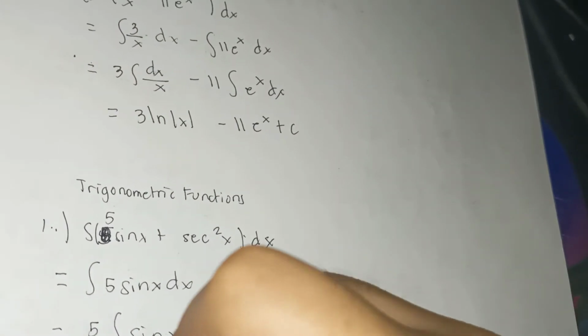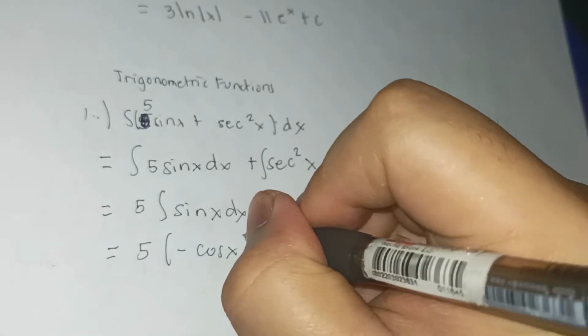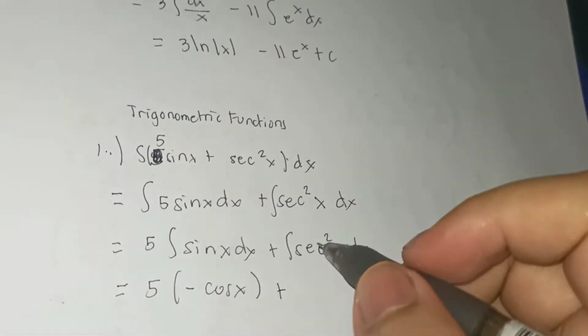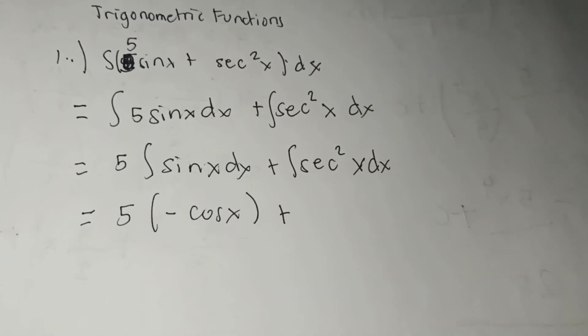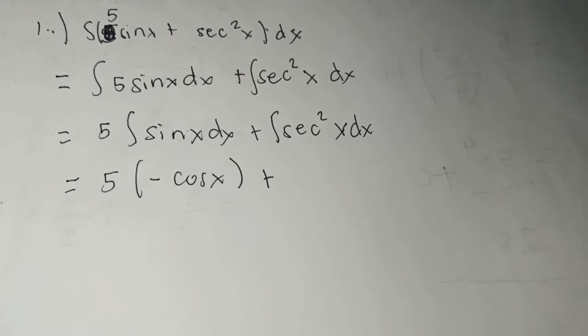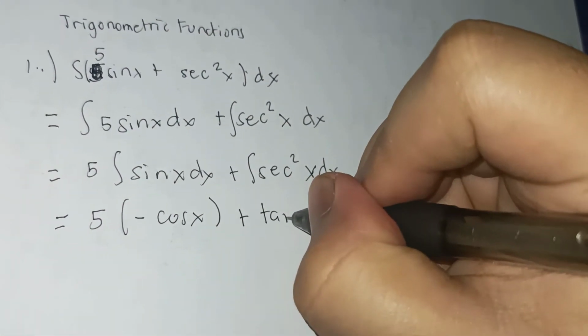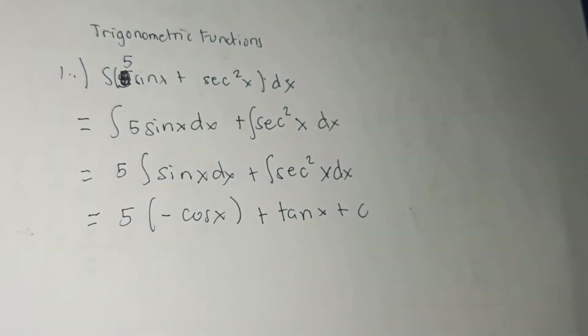First bring down 5 here, negative cosine x, close parenthesis, plus the integral of secant squared, which we all know is tangent x, so it will be tan x plus c.